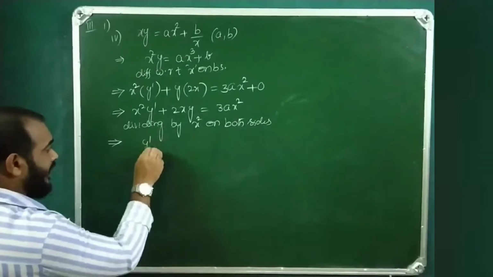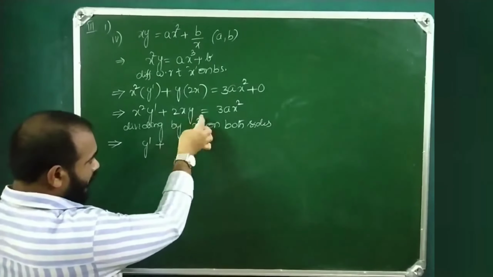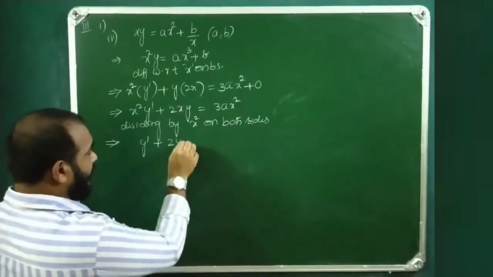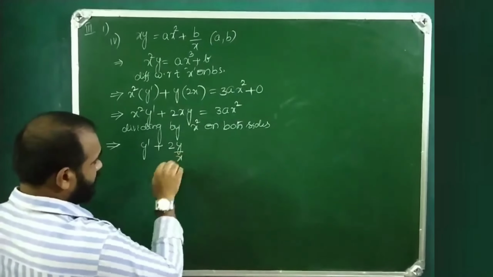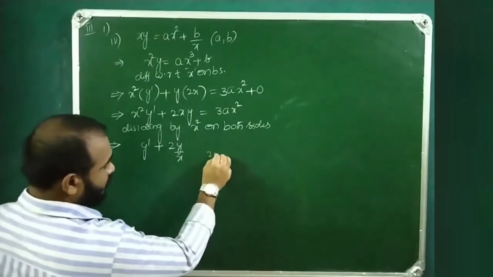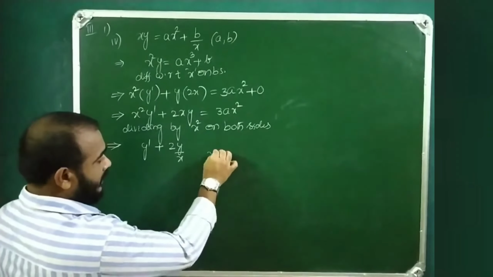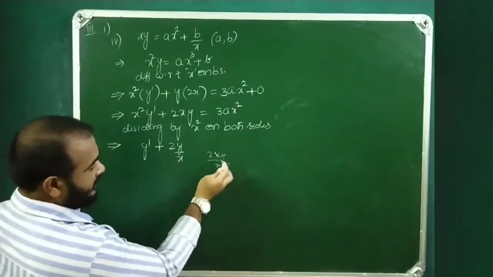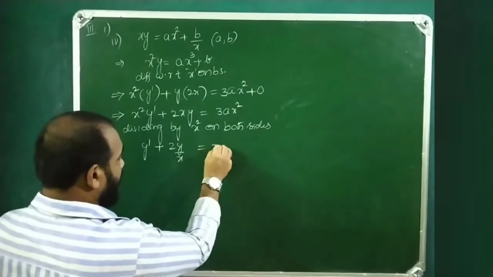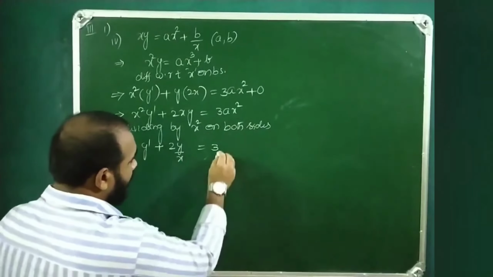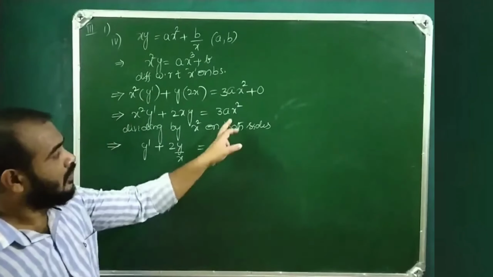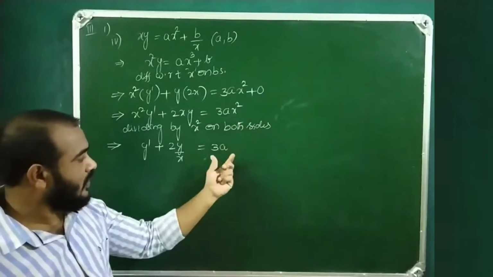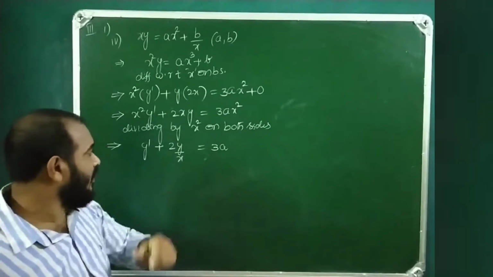We are left with y dash plus 2xy by x square. This is 2y by x, because in 2xy by x square, x gets cancelled, 2y by x. This is equals to 3a. Dividing by x square gets cancelled, we are left with 3a.